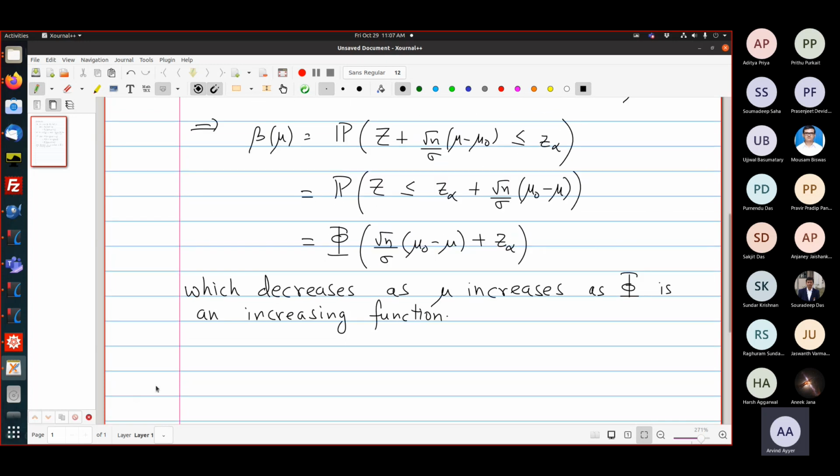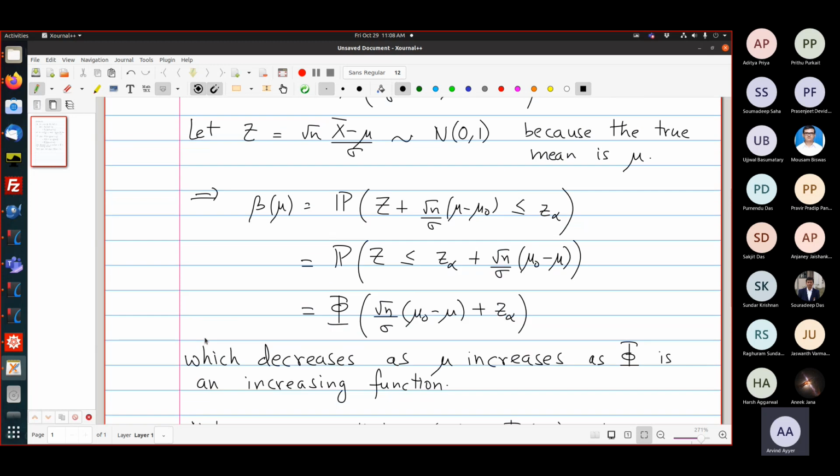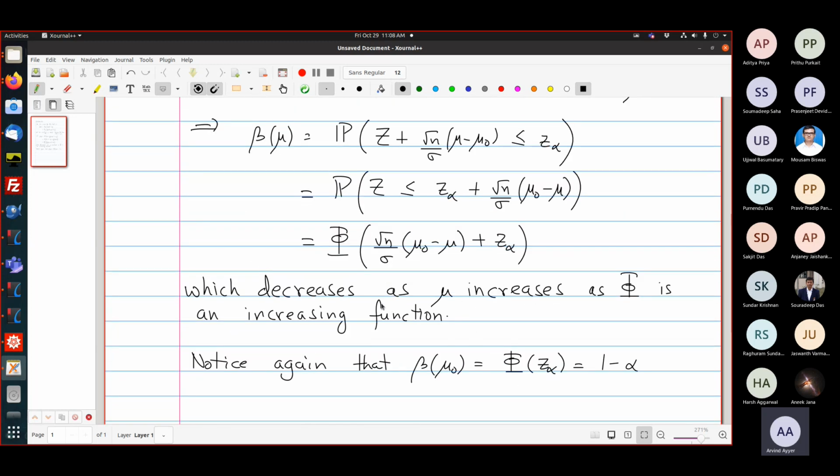Notice again, as for the two-sided test, that beta of mu naught is phi of z alpha, since when you set mu equal to mu naught the extra term goes away, but by definition this is 1 minus alpha. So if the true mean is equal to the mean that you guessed for the null hypothesis, then you should always get 1 minus alpha.